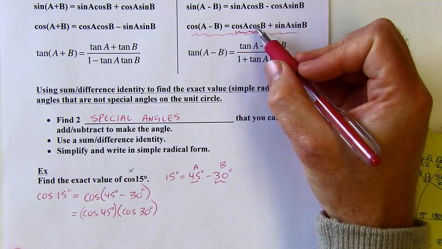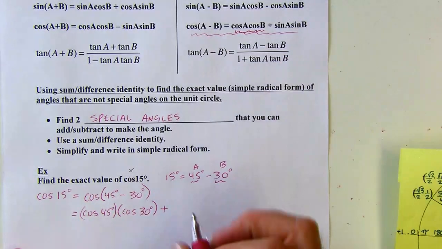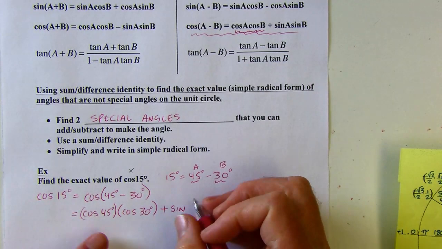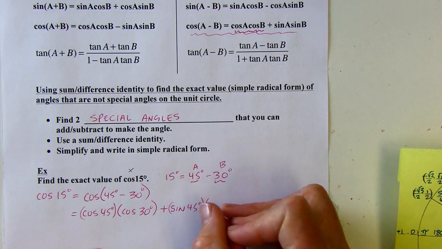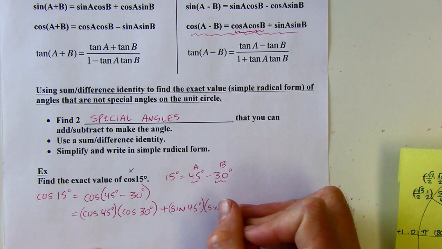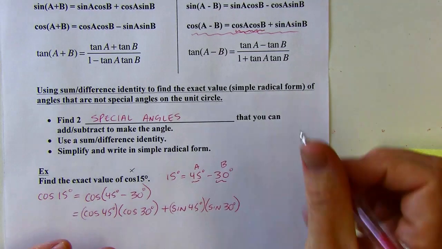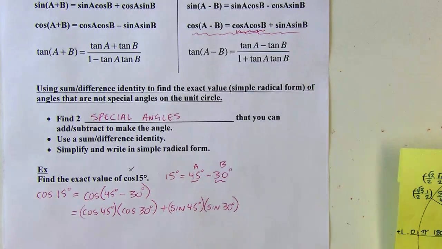Now I'm going to add that to the sine of A times the sine of B. So the sine of 45 degrees times the sine of 30 degrees. These can be a pain to memorize, all these formulas, but I'm not asking you to memorize them at this point. I'm just asking you to use them, okay?